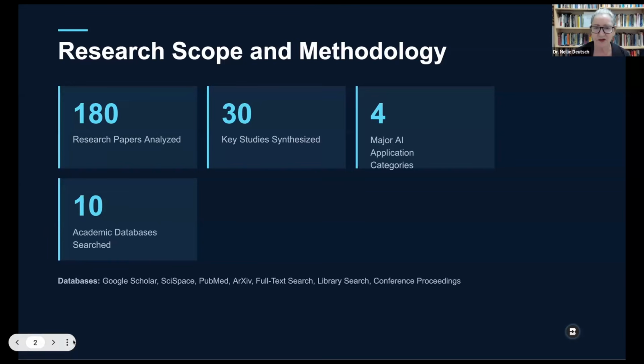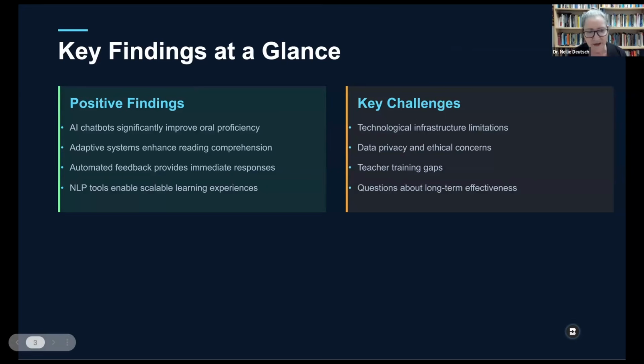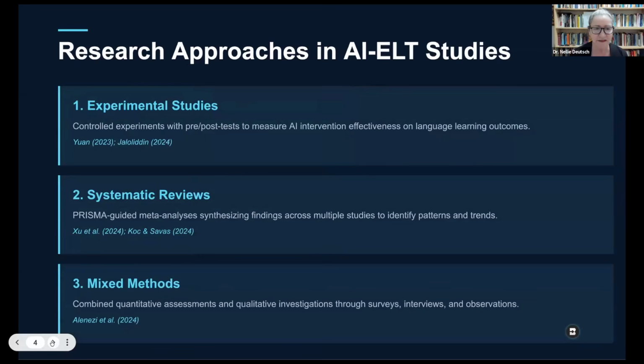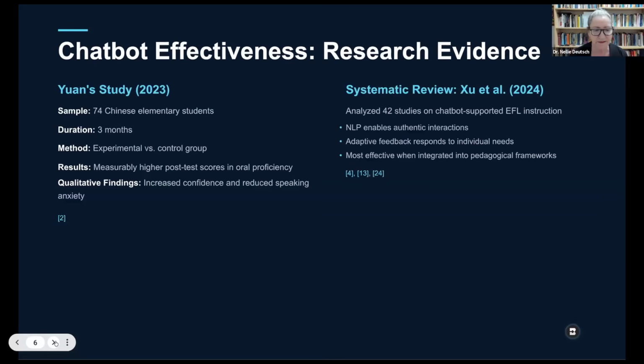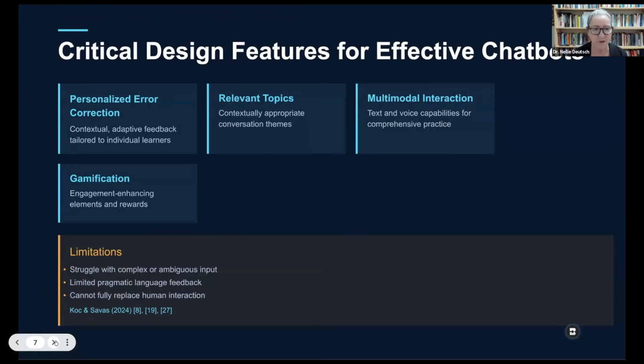180 research papers analyzed, 30 key studies synthesized. You can see everything here. Absolutely amazing, right? Positive findings, key challenges, experimental studies. This is all on AI in ELT. There's something 2024. Maybe late 24.